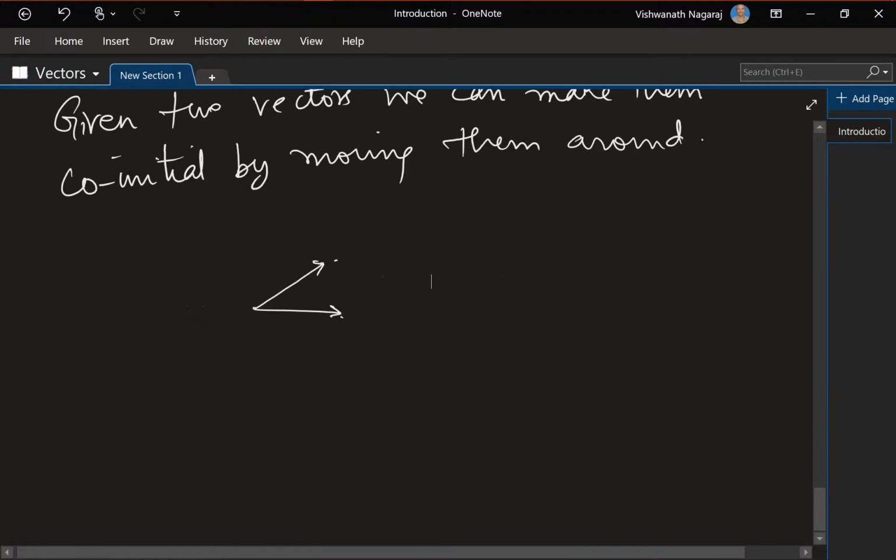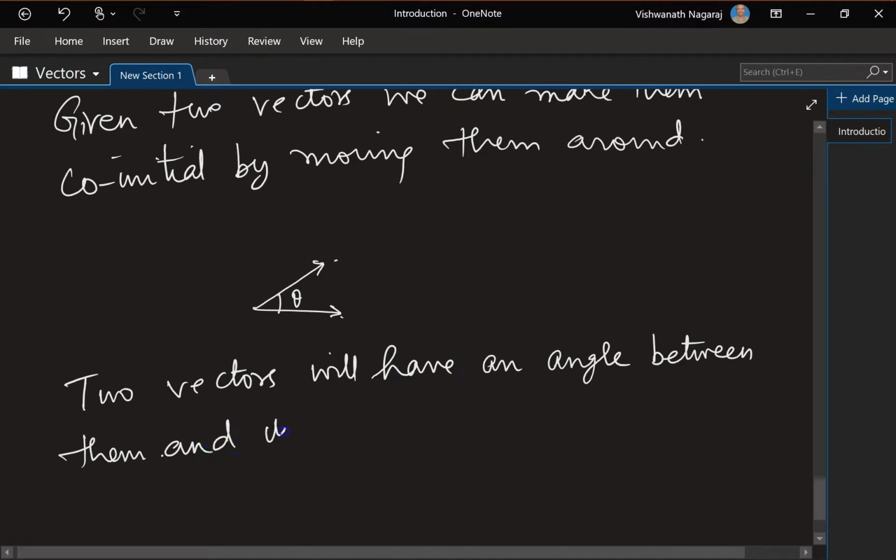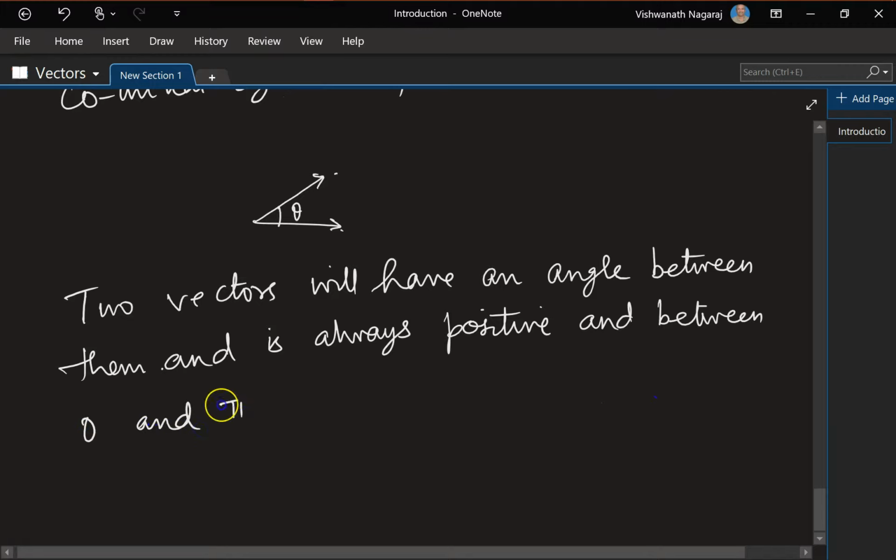So naturally, when you do that, you will end up with an angle between the two vectors. Two vectors will have an angle between them, which is always positive and between 0 and pi. Remember, we are not interested in the positive or negativity of the angle. We are just interested in what angle a vector makes with respect to another vector.